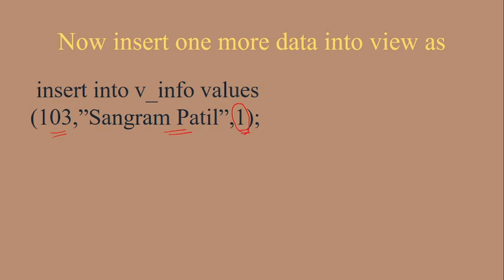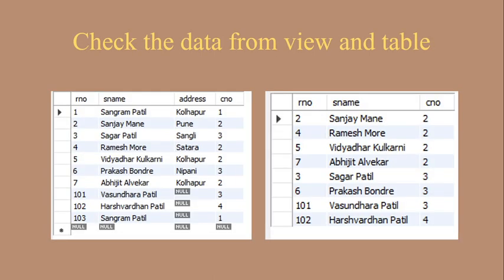Okay, now think what will happen. Here it won't generate any error. It inserts the record, but it won't display that record in the view. But here in the table it displays this record which we have inserted of 103.